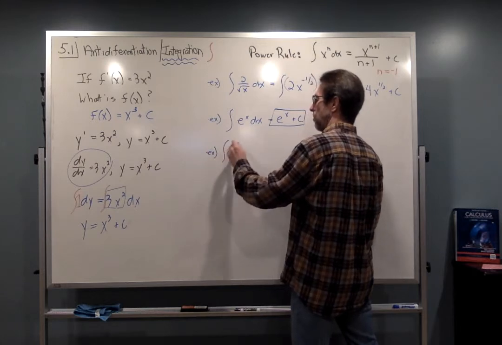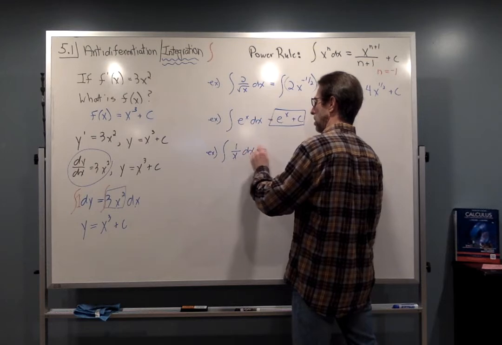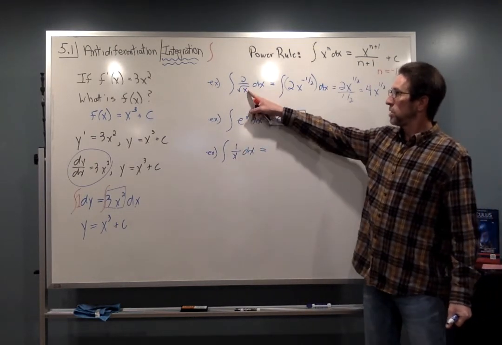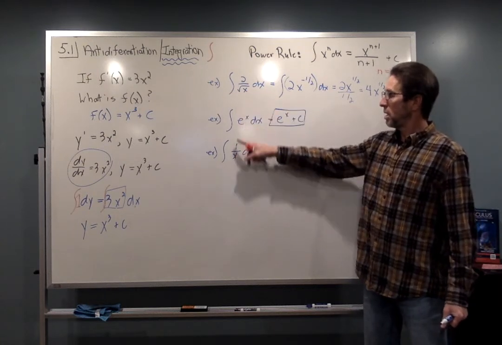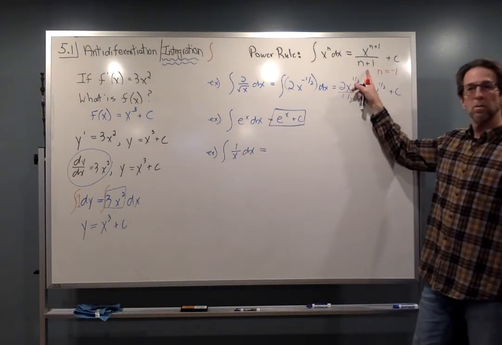What about this one? The integral of 1 over x. Well, you might want to do the same thing I did in this previous example and change it. But then that becomes x to the negative 1. This power rule will not work when n is negative 1.